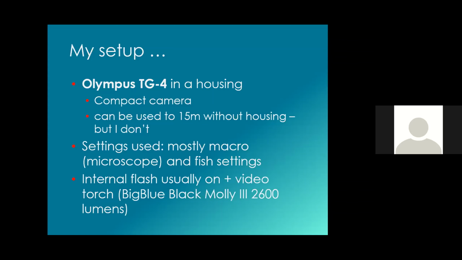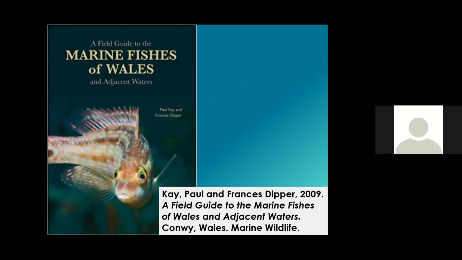I usually use the macro settings and the fish settings, and the internal flash is usually switched on, and I have a video torch, the details are there. It's a fairly bright one, but again, it's 4 or 5 years old, so there's probably better available now. The book that I find I use mostly is The Marine Fishes of Wales, and the reference is given on the bottom of the page.